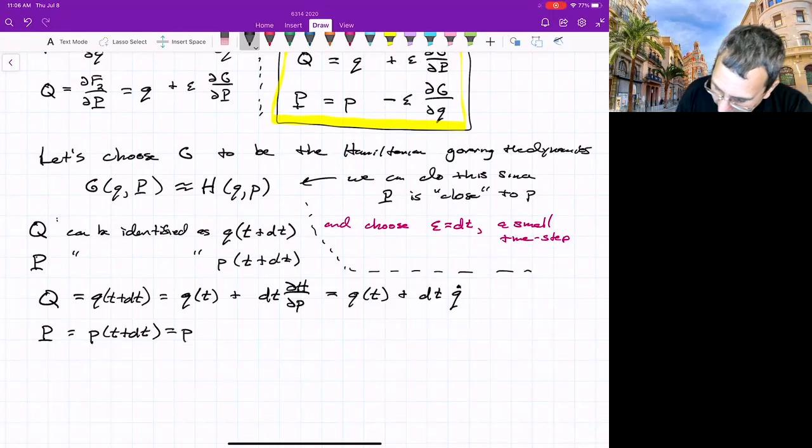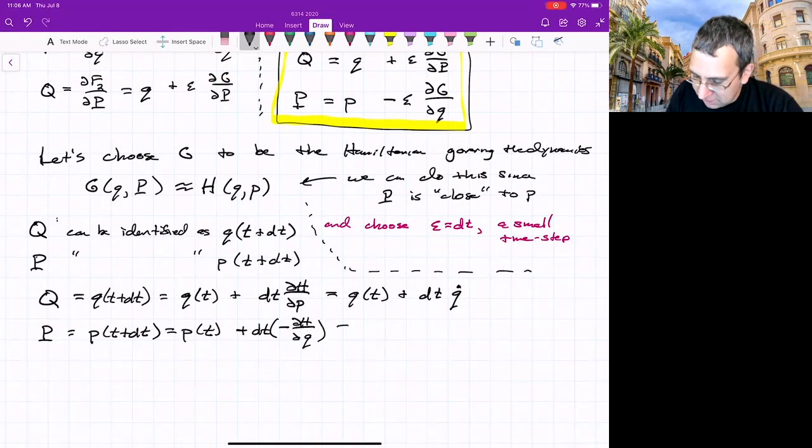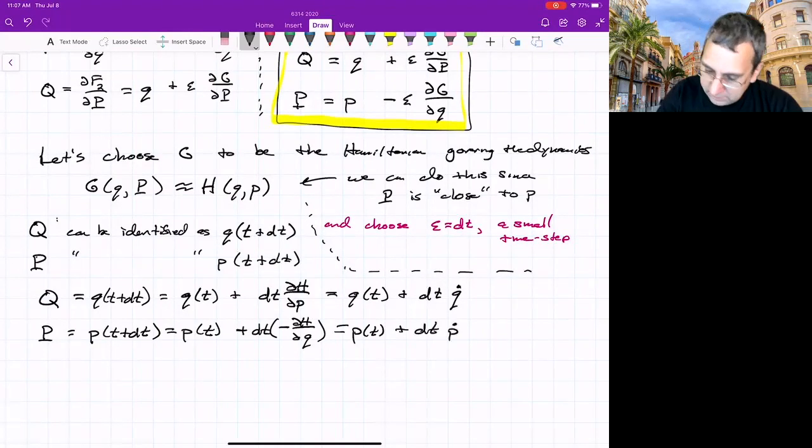And it's p at time t, but now there's a minus. So this is plus dt times minus partial h partial q. And what is minus partial h partial q in Hamilton's canonical equations? It's p dot. So this is p at time t plus dt p dot.